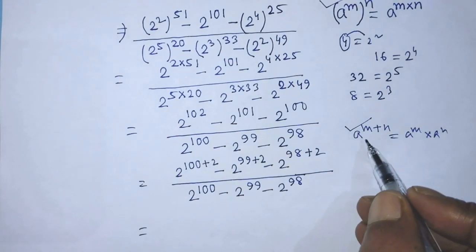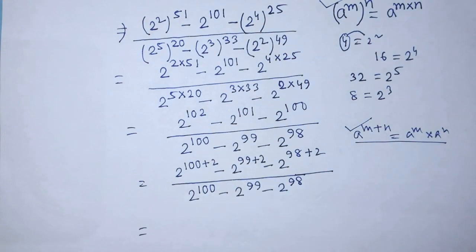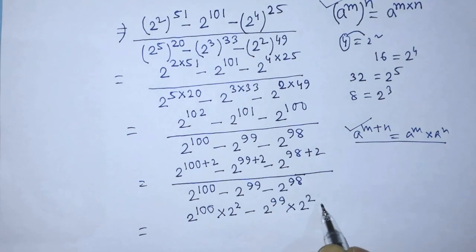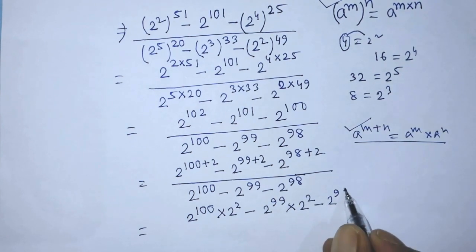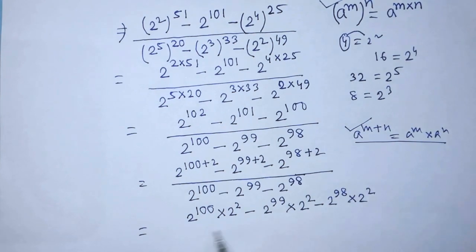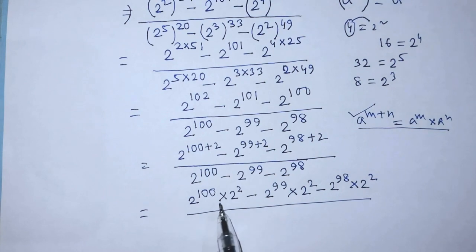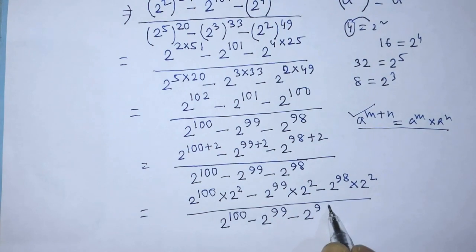According to this formula, we can write in the place of the numerator 2 to the power 100 into 2 to the power 2 minus 2 to the power 99 times 2 to the power 2 minus 2 to the power 98 times 2 to the power 2 over, again you have to write all terms of the denominator: 2 to the power 100 minus 2 to the power 99 minus 2 to the power 98.